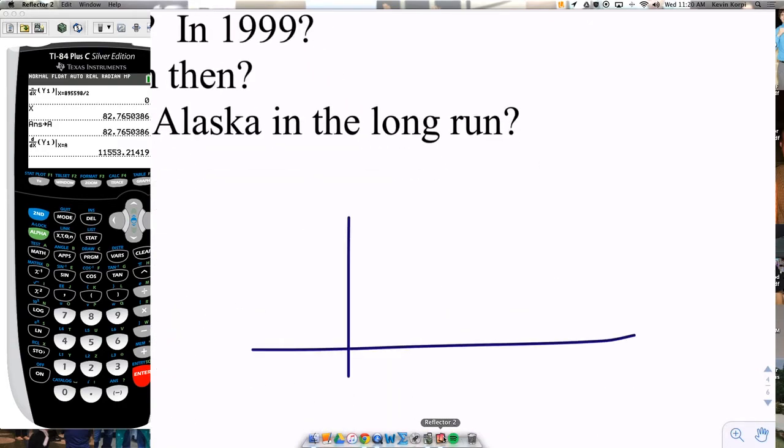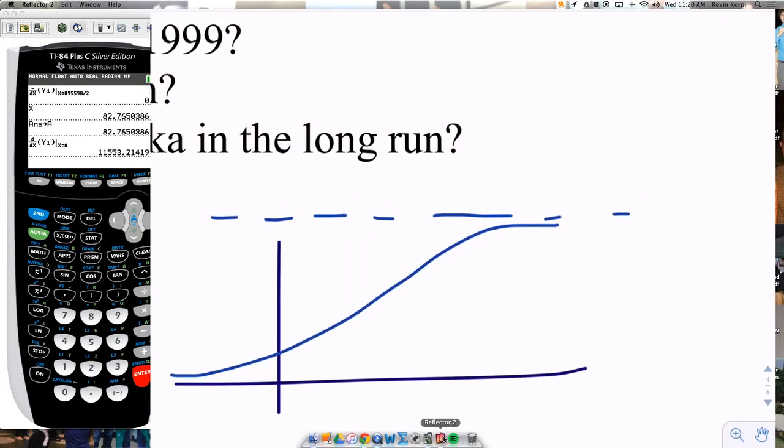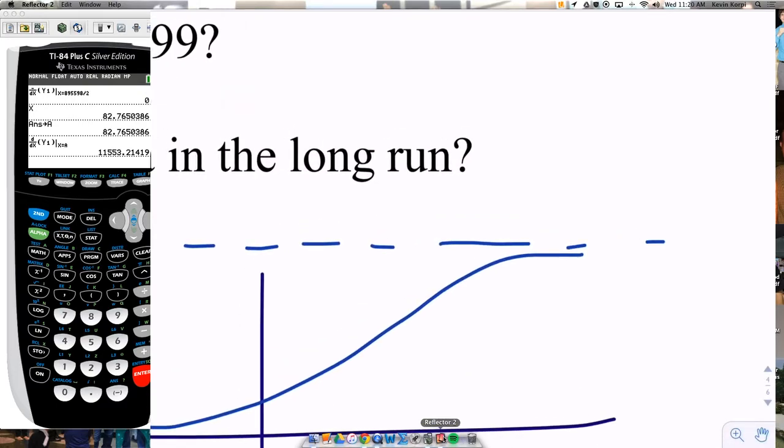But according to the model, if you have y values existing above the carrying capacity, because it does describe the end behavior, if you have values existing above that horizontal asymptote, the model suggests that the population would have to decrease. So it would be kind of a level of homeostasis.